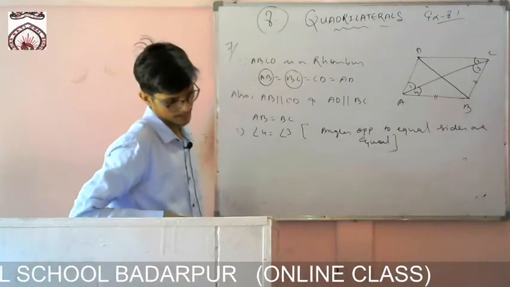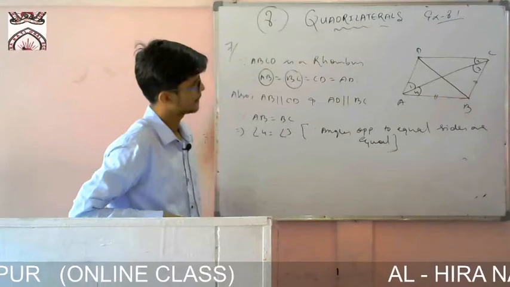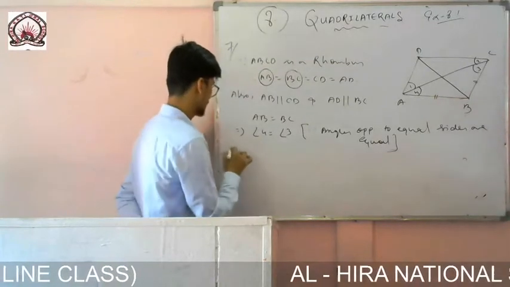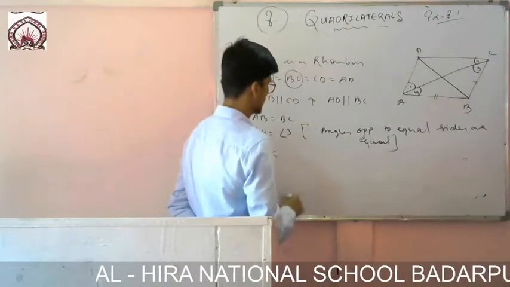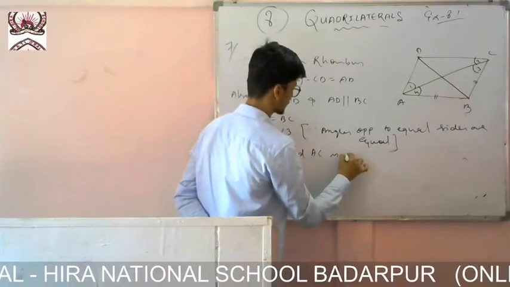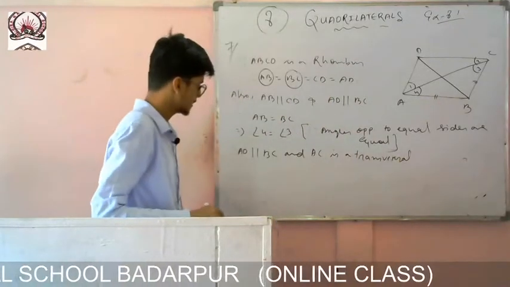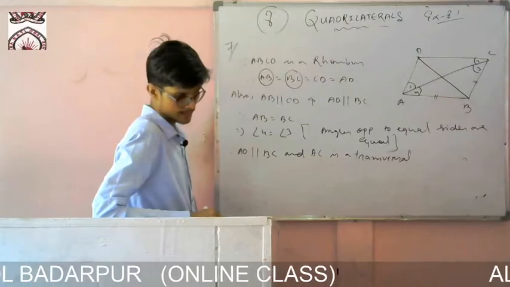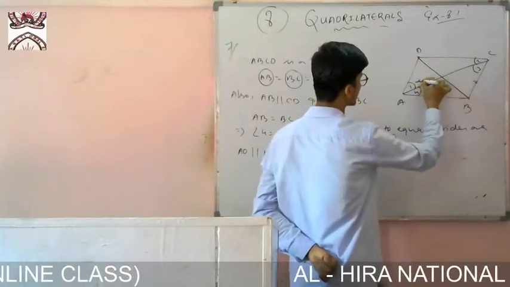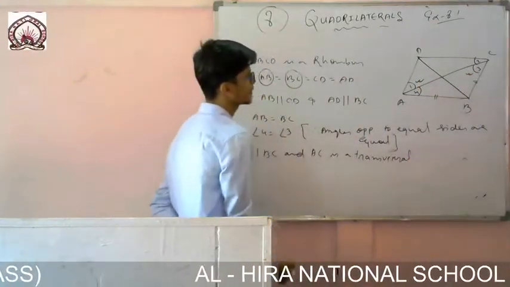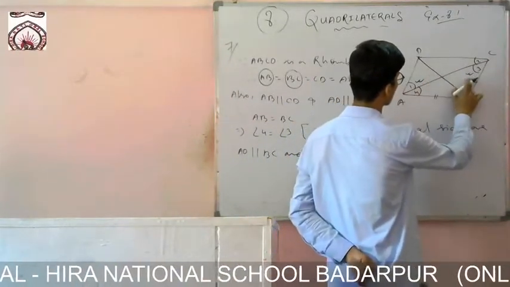Now what I can write is, since AD is parallel to BC and AC is a transversal, if these two lines are parallel and this is a transversal, then this angle will be equal to this one.